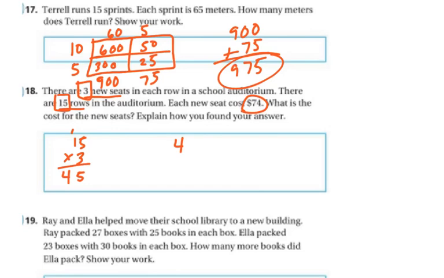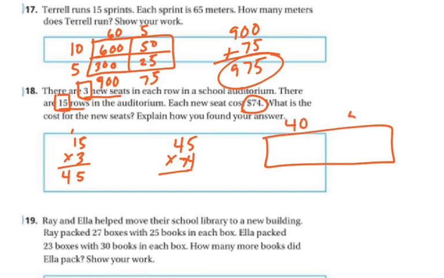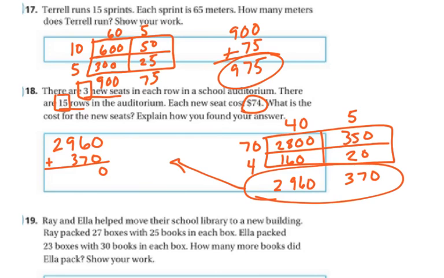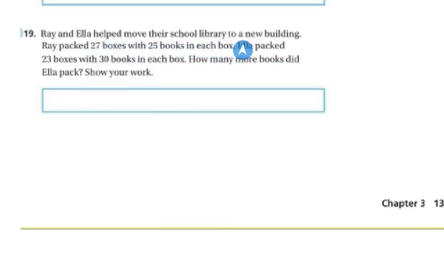So we have 45 seats. Adding them up, 6 plus 7 is 13, 9 plus 1 is 10, plus 3 is 13, regroup, and then 3. So I should get $3,330.